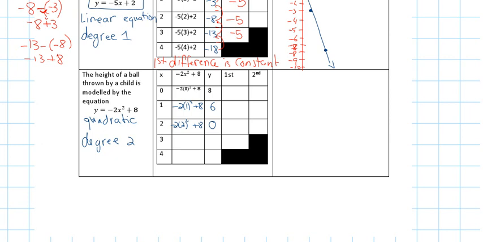Then I have negative 2 times 3 squared plus 8. Tell me, what do I need to do? Three squared is 9 times negative 2, that's negative 18. That's right. So negative 18 plus 8 is negative 10.